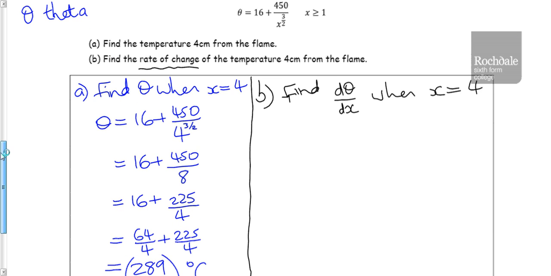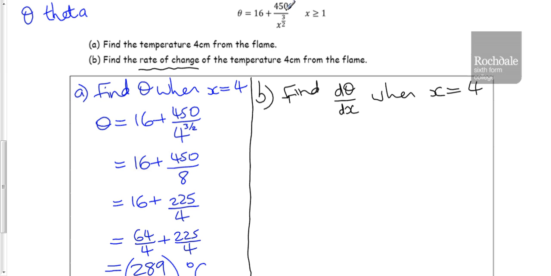So going back to the original function, I'm going to differentiate this, but the problem is x is in the denominator. I need to rewrite it before I differentiate. I need to write it with x not in the denominator.